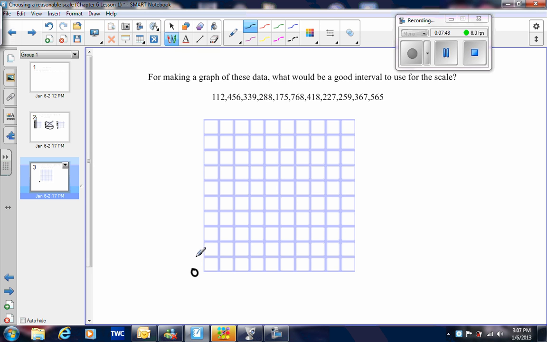So if I counted by 100: 100, 200, 300, 400, 500, 600, 700, 800. So all of my data would be graphed below here. And I would be missing out on some of this space right here.